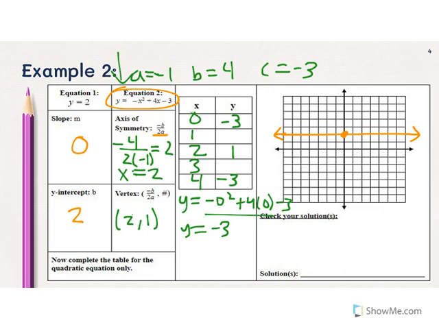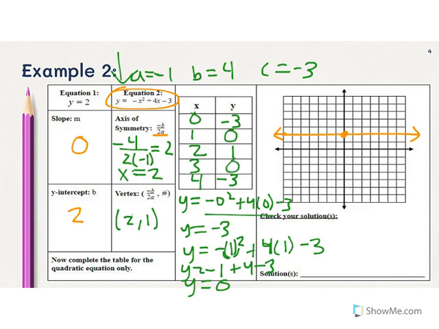Again, it mirrors it. And then I'm going to check my work for y equals the 1 value, those are parentheses, plus 4 times 1, and then we get minus 3. So 1 squared is just 1, times that negative 1 is a negative 1, and then plus 4 minus 3. Again, if I have my negative 1 and negative 3, it's a negative 4, we get 0. So this should be 0, this should be 0.